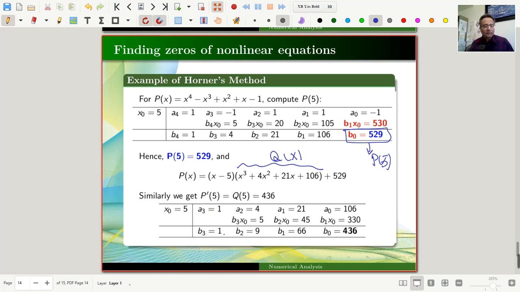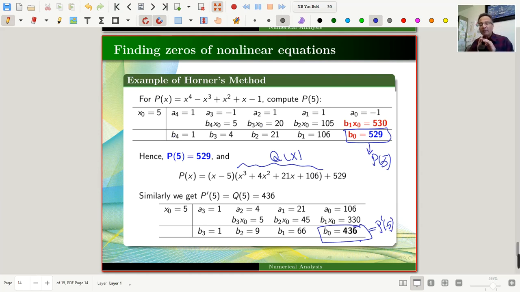And easily you put the new b3 equal to 1. 1 times 5 equal to 5 plus 4, it's 9. 9 times 5 is 45, plus 21 is 66, times 5 is 330, plus 106 is 436. This is p prime of 5, and it's over.